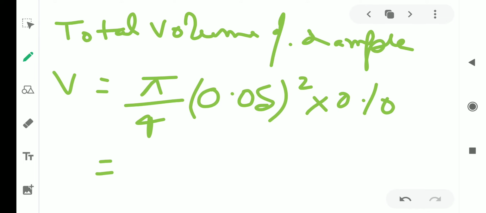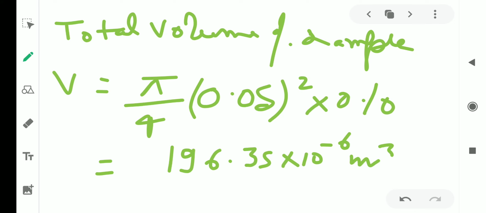We know that it is pi r square h, volume of a cylinder, or pi by 4 d square h. Diameter has been provided as 50 mm; converted into meter it is 0.05, and the 100 mm length converted into meter is 0.10 meter. So the volume of the sample will be equal to 196.35 into 10 to power minus 6 meter cube.